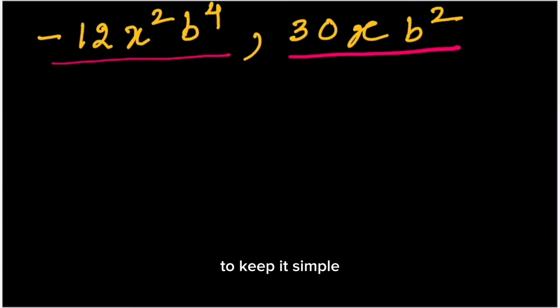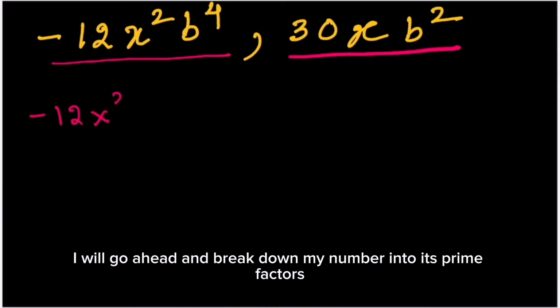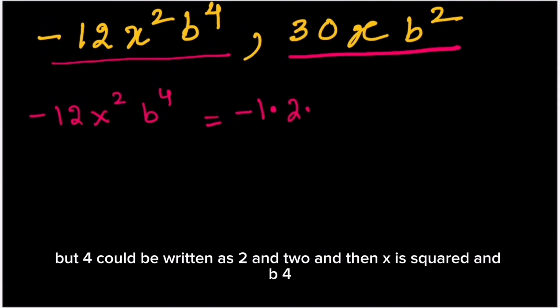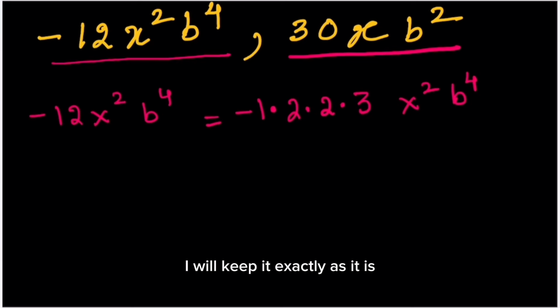To keep it simple, I will go ahead and break down my number into its prime factors. You can see that I include 1 also. 12 is 3 times 4, but 4 could be written as 2 times 2, and then x squared and b to the 4, I will keep exactly as it is.